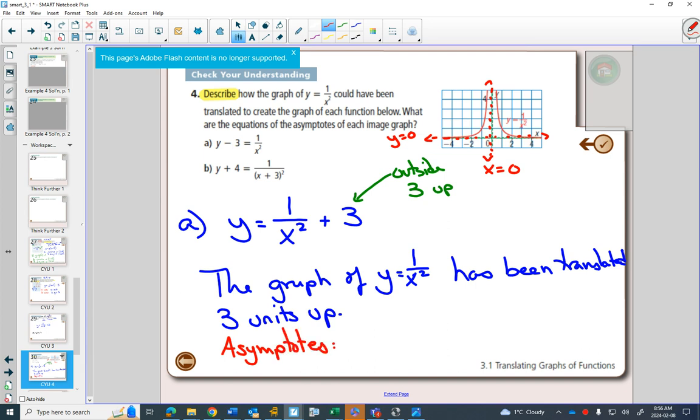Can you see if you moved it 3 up, that the x equals 0 would stay? And the y equals 0 would become y equals 3.